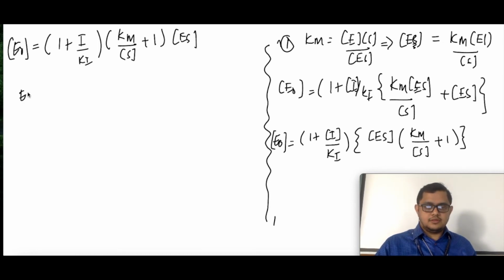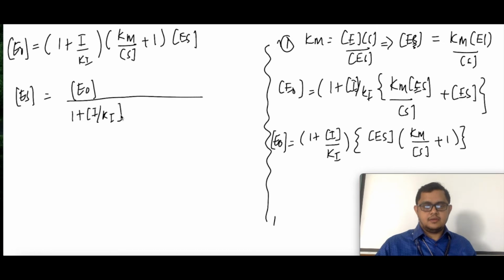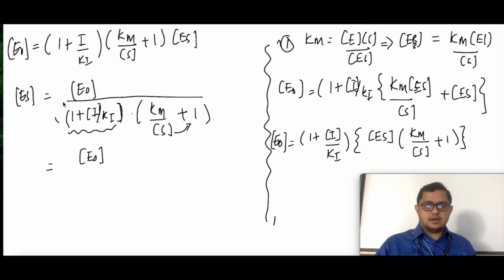So ES becomes E naught divided by 1 plus I by Ki into Km by S plus 1. So you take the LCM here, so you will get E naught.